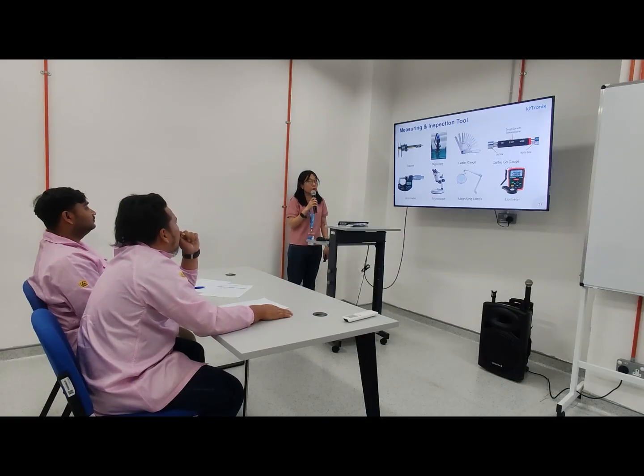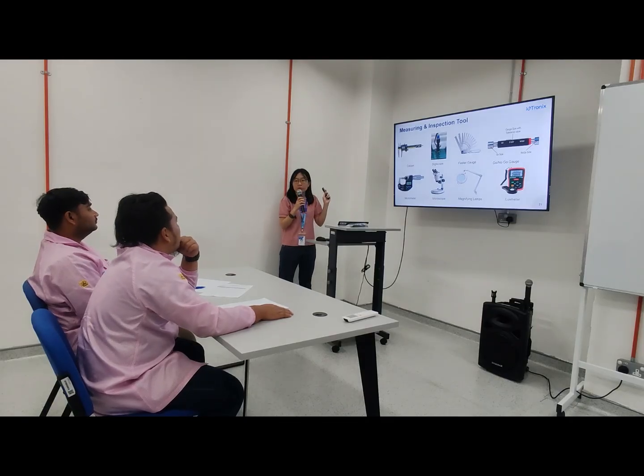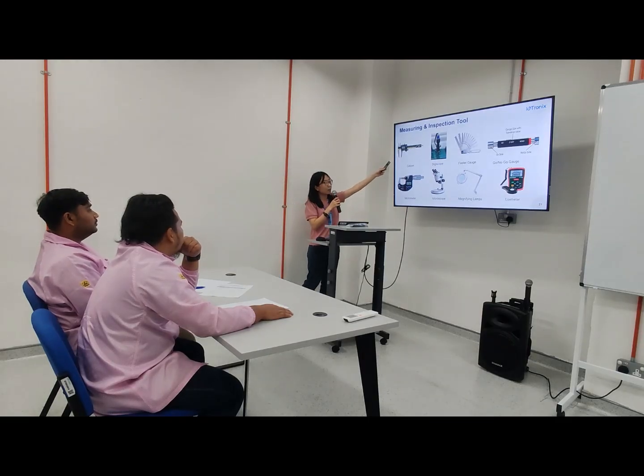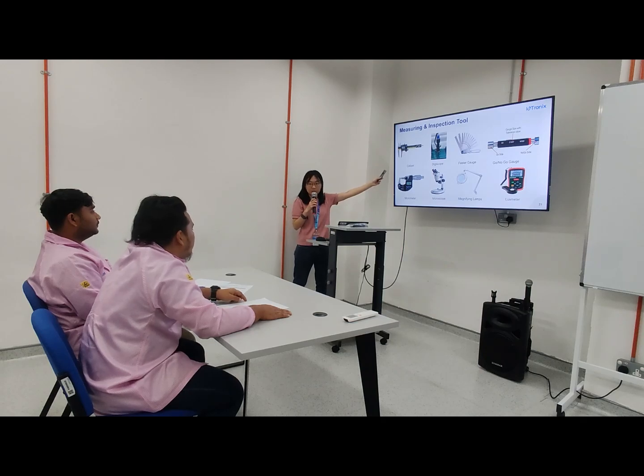Okay, let's continue with measuring and inspection tools. These are some of the common measuring and inspection tools that QA normally use. For example, caliper. Have you guys used it before? Caliper. And then digiscope.